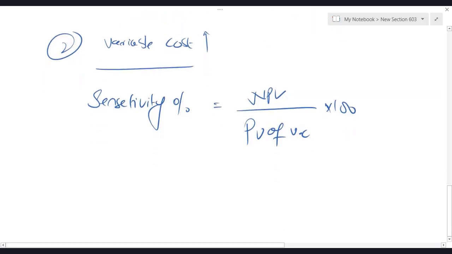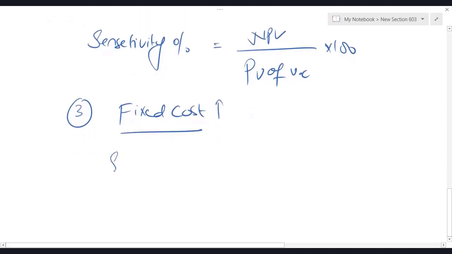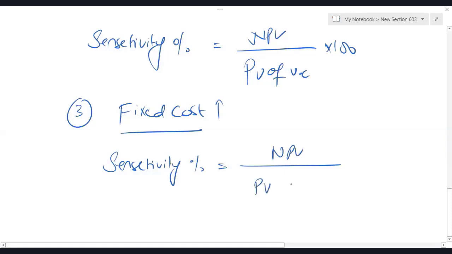So definitely if the variable cost increases, and which makes NPV 0, so increase in variable cost is an adverse event. Third, fixed cost. Obviously rise in the fixed cost is an adverse event. So sensitivity percentage is equal to NPV divided by present value of fixed cost into 100.